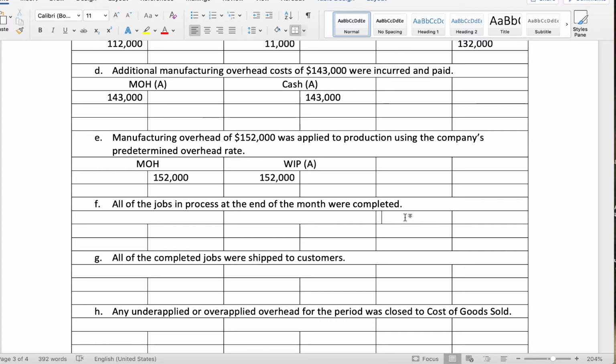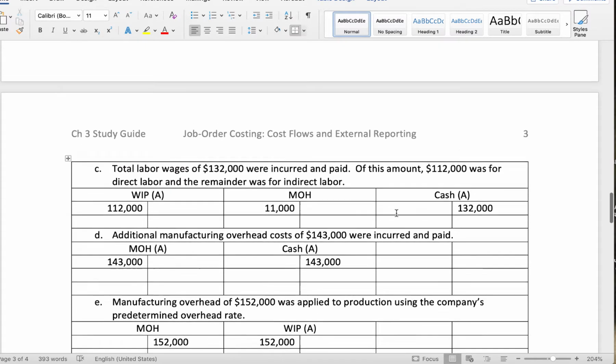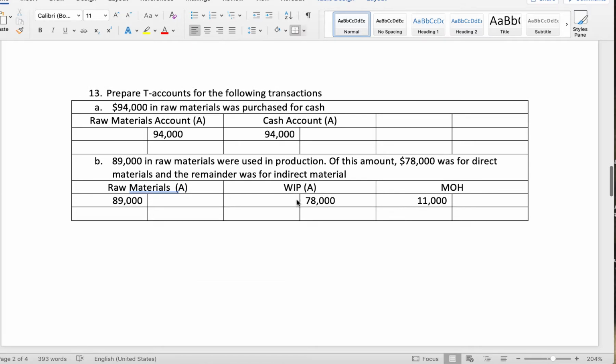If I take my direct material, I added direct material in B. Let's revisit B for a second. How do you increase an asset with a debit? So I need a debit entry to WIP for B.